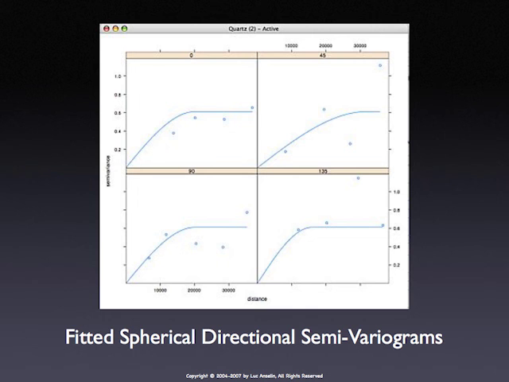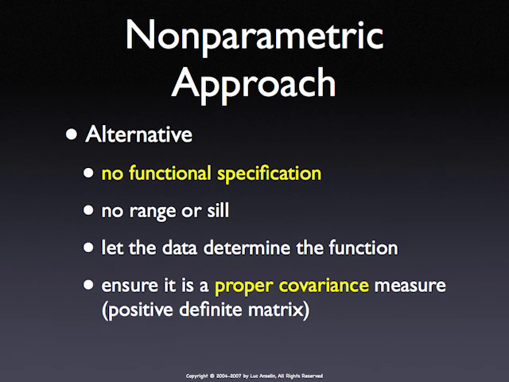So you don't want to force this structure on the data. You want the data to let you find the function, just as before with the kernel density estimation. So the data inspire the function, and rather than assuming the function beforehand, we get it from some kind of smoothing process.